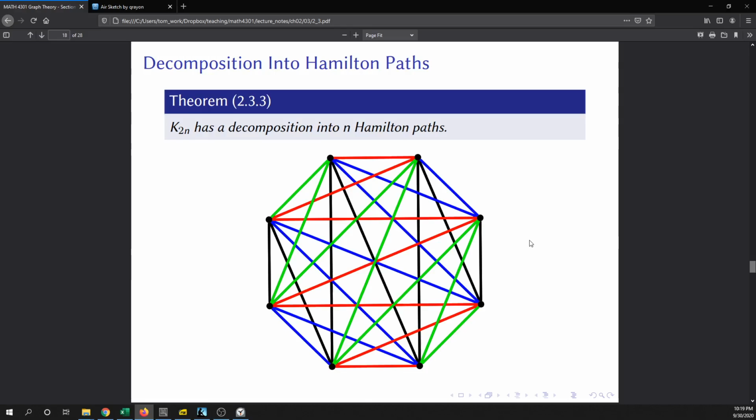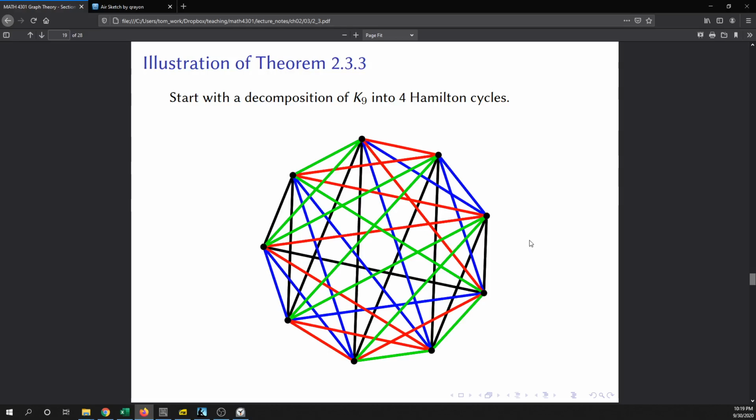All right, so how do you come up with this? It's pretty straightforward. Based on the previous theorem that we talked about, we said that every complete graph with an odd number of vertices has a decomposition into Hamilton cycles. So for instance, K9 has a decomposition into 4 Hamilton cycles. And so here I've drawn that out again.